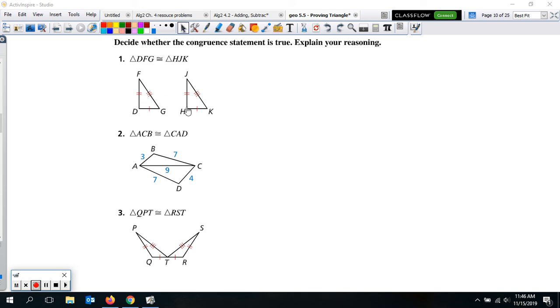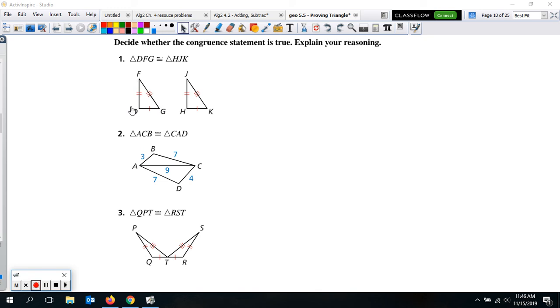You have your two triangles here. You can see there's the 1 marks, there's the 2, these are congruent, there's 3, those are congruent. This first triangle says DFG. If you travel around the triangle from D to F to G and back to D, you're going 2, 3, then 1.